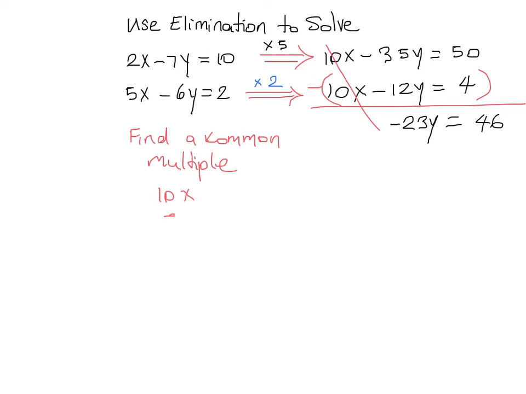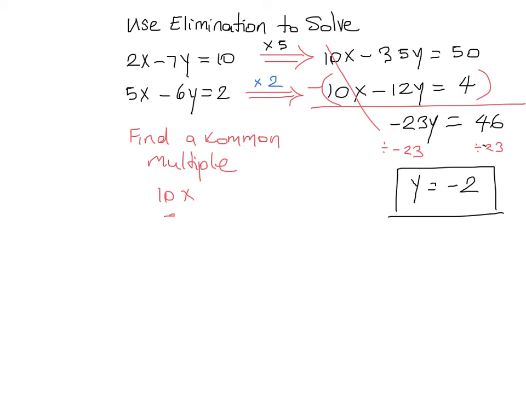Almost there. Now we can divide both sides by negative 23, and we get that y is equal to negative 2. But that's only one of our solutions.